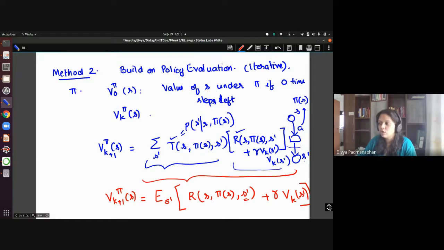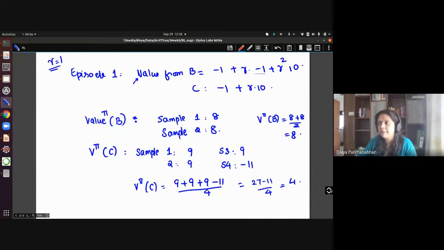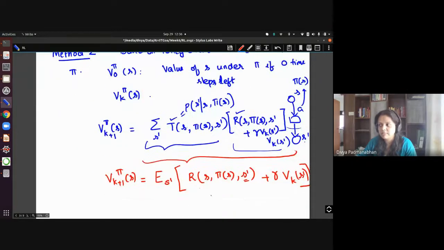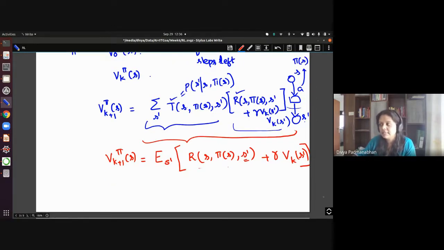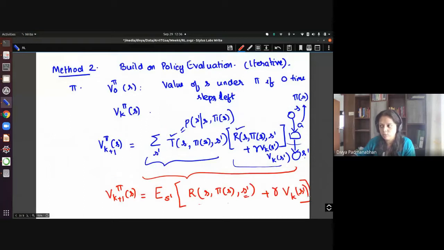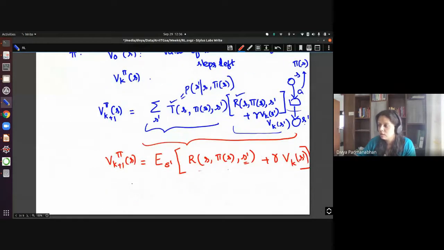Now we don't have these probabilities, but we have some samples of the reward. So can we use the sampling idea, some kind of an average over samples, to get this expectation? Here the sample could be: you started off with V0, and now you are at some intermediate stage.